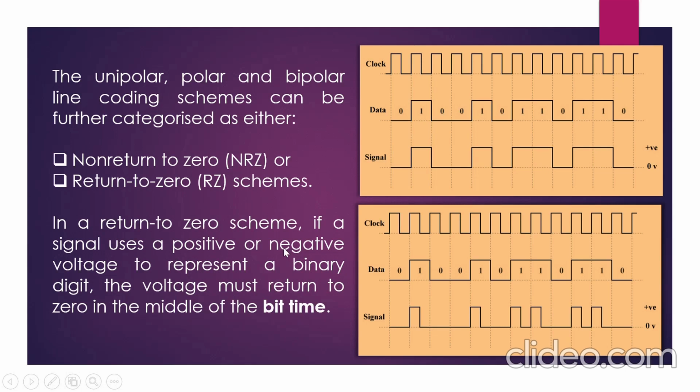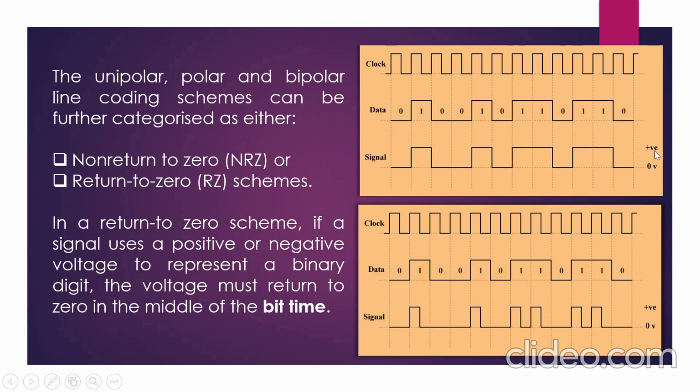It would be clear from this example. Say this is the clock and this is the data we want to transmit. Data is 0, 1, 0, 0, 1, 0, and so on. For 0 the signal would be a low voltage, a 0. In case of 1, it would be a positive voltage.